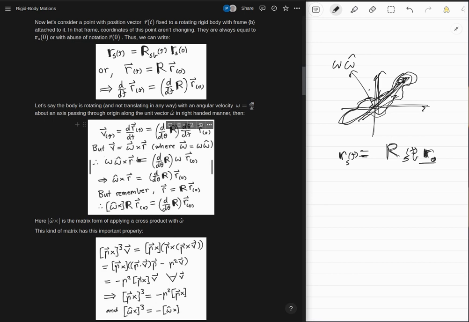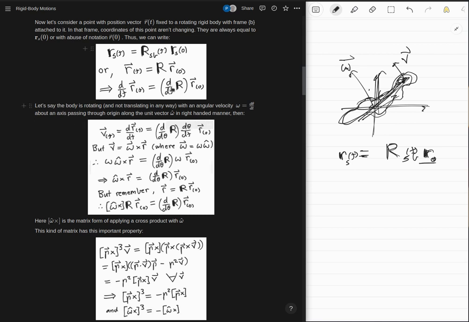So v vector equals omega vector cross r vector, where omega vector is omega times omega hat. So this is our v vector. Okay, so if we substitute that in this equation, what you get is omega omega hat cross r vector equal to this times omega r naught, because there's a d theta upon dt over there.